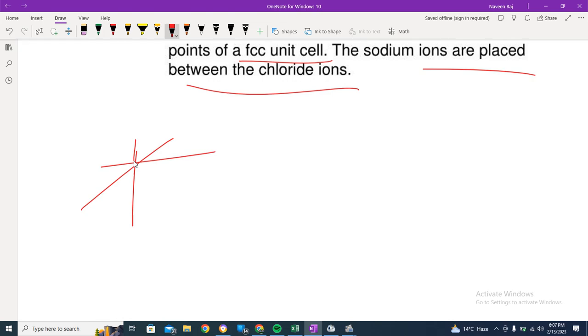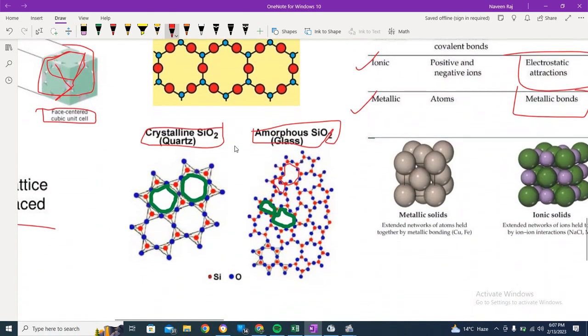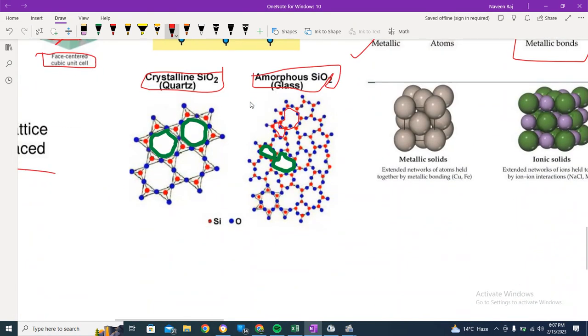They have a sharp melting point. There is a very important concept over here, so let me take this one diagram. You're going to see that when you give heat to this amorphous form, and then give heat to the crystalline form, the crystalline one has everything equal: every arrangement, every length, every bond. So it will have a particular melting point.